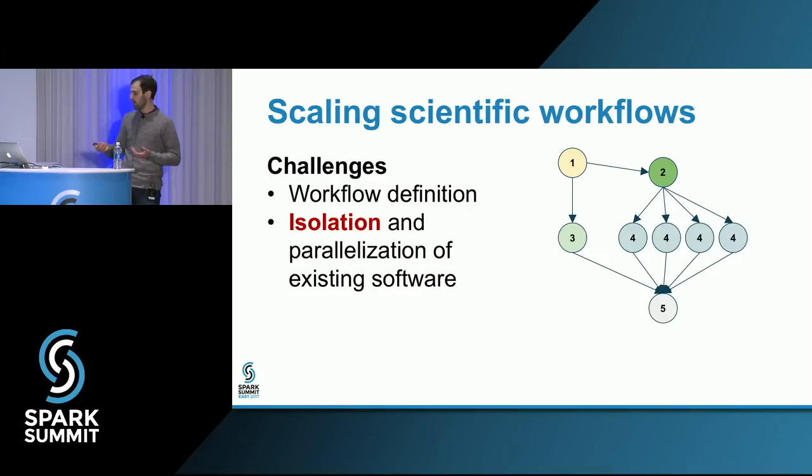It's not always possible, but you need to be able to have something similar for different runs, and if someone tries to reproduce it, he has to have something similar. So the version of a software plays an important role in this. By isolation, I mean also packaging of the software tool, so you can give it to a sysadmin and he's not going to get frustrated when he has to install it.